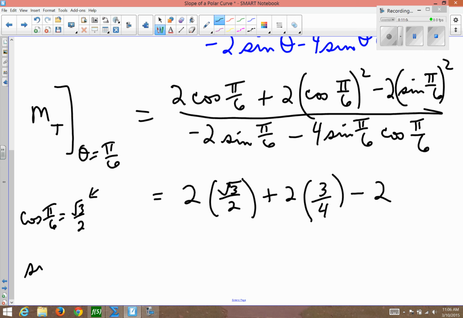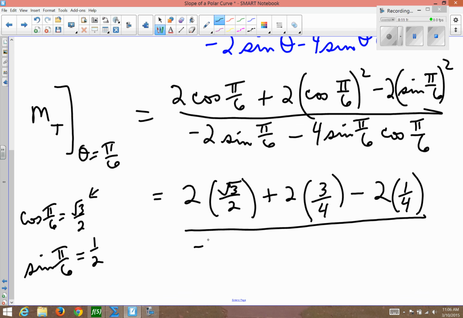The sine of pi over 6, that means the sine of 30 degrees, is a half. This says the sine of 30 degrees squared, that means a half squared. So that's 1/4. The sine of pi over 6 is 1/2. Over 4, we have the sine of pi over 6, which is a half. Next to that, we have the cosine of pi over 6, which is radical 3 over 2.